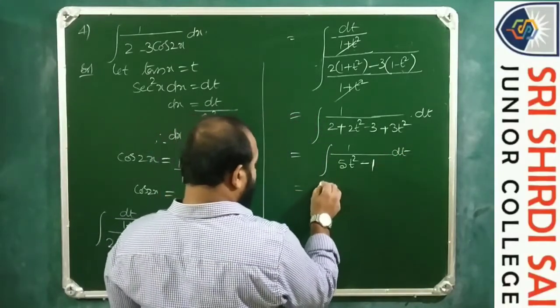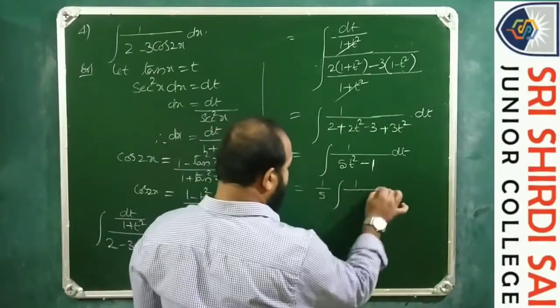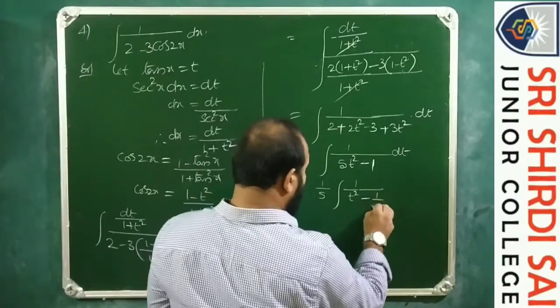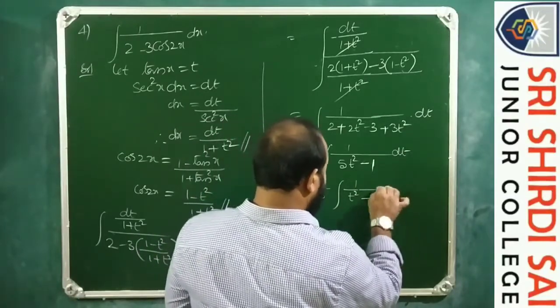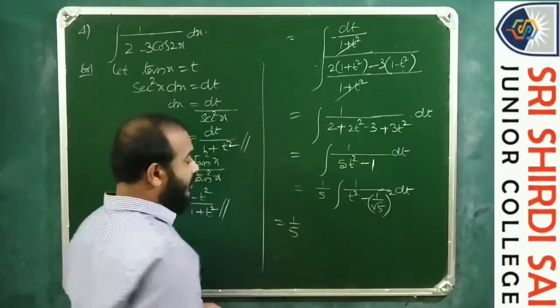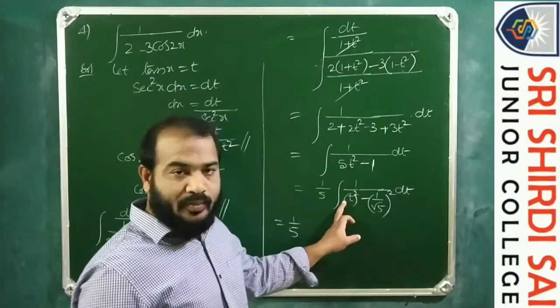So if we take 1 by 5 outside as common, then this is 1 by t square minus 1 by 5, and 1 by 5 is 1 by root 5 whole square, dt. So this is 1 by 5. Here t, you treat it to be x.